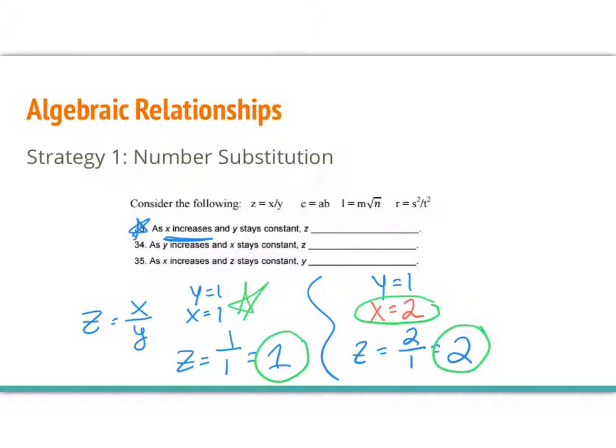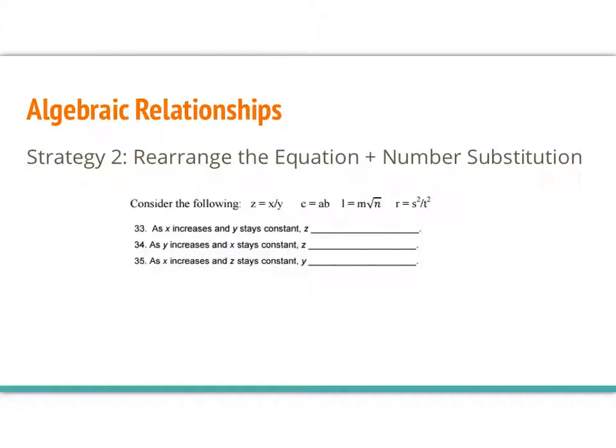Okay, so let's try another way. Here's our second way, and this is rearranging the equation and then number substitution. If you remember our previous problem, we didn't have to do that because z was already on the correct side. So we're going to look at this one. As x increases, z stays constant. What happens to y? Here is our equation again.